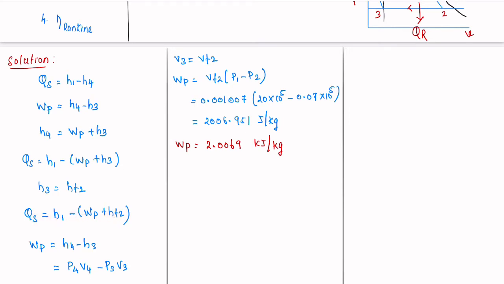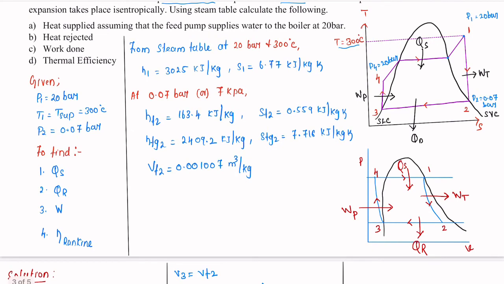Therefore, QS will be equal to H1 minus WP plus HF2. We have found the value of H1 from the steam table as 3025 kilojoule per kg.